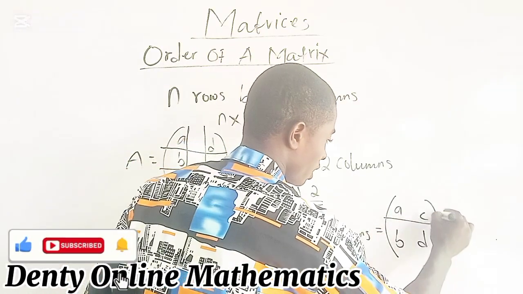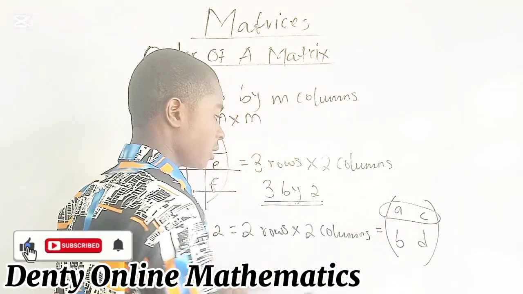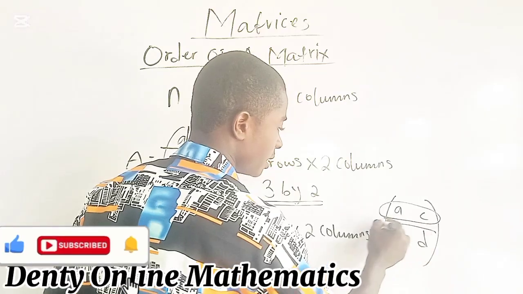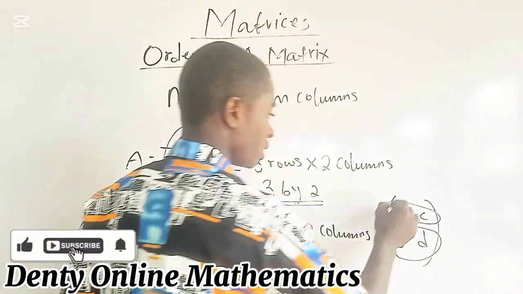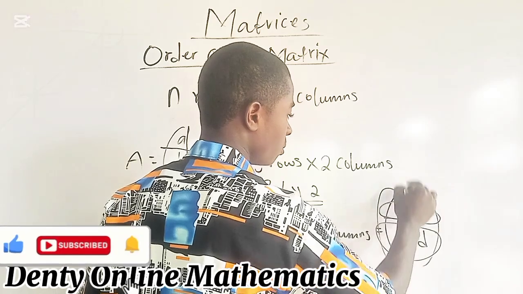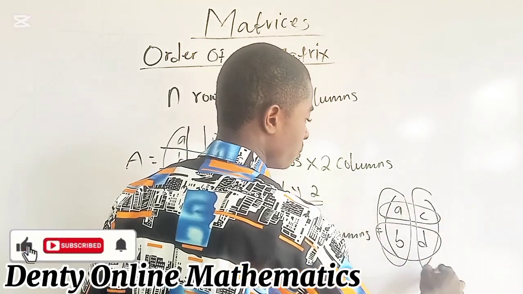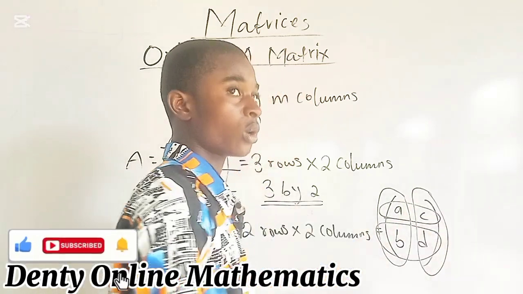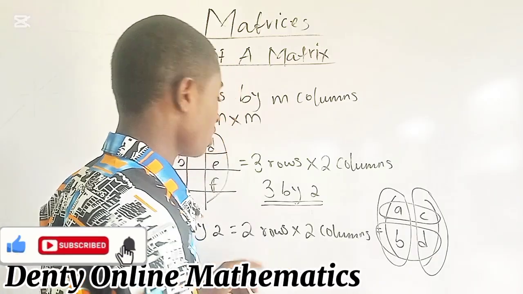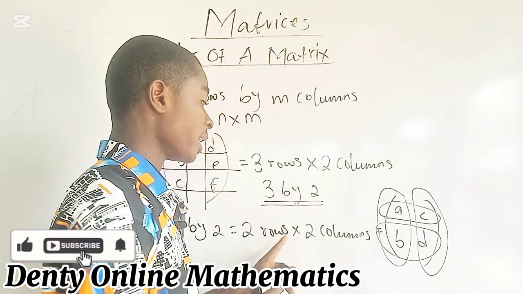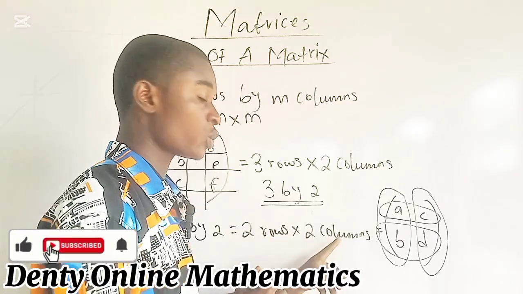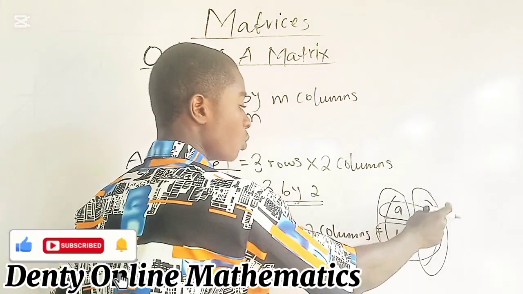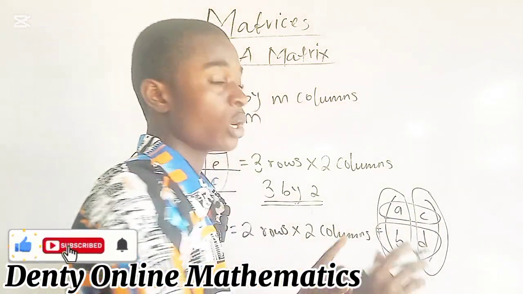This is your first row, while this is your second row. And since we have 2 columns, this will be our first column, and this also will be the second column. So if you're saying a matrix is represented in 2 by 2 order, that means you have 2 rows by 2 columns, or 2 rows multiplied by 2 columns.